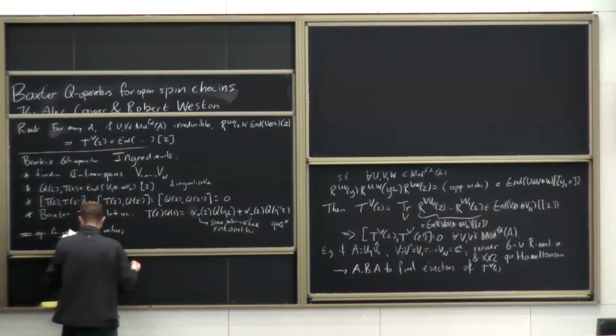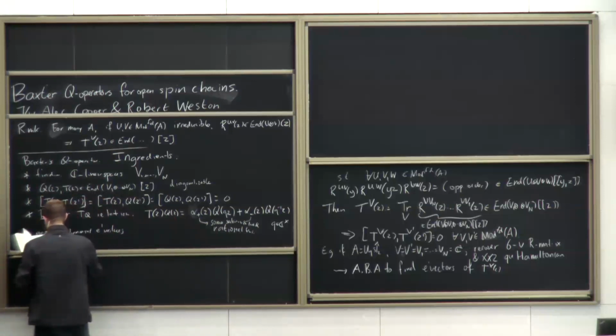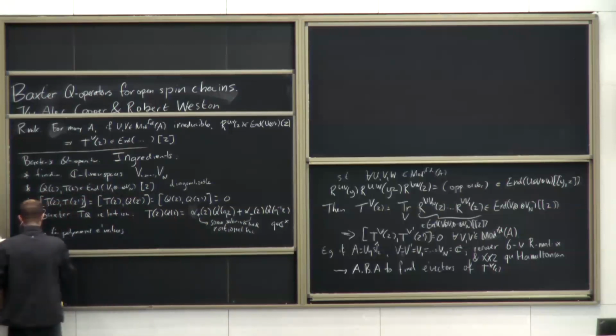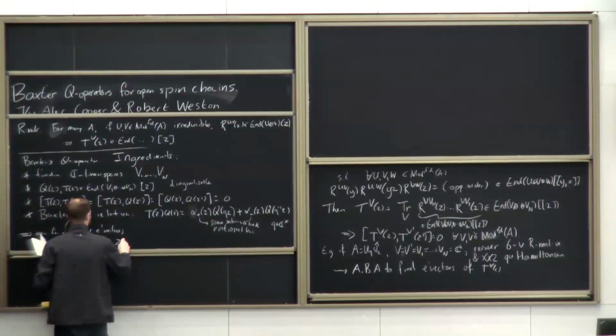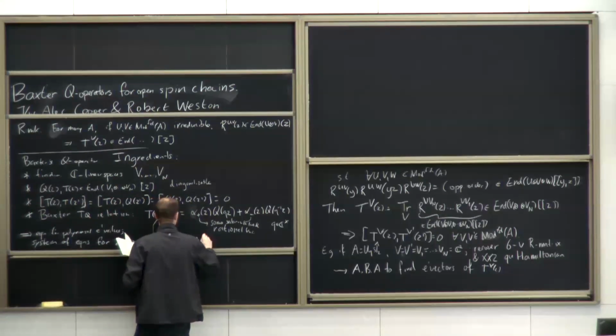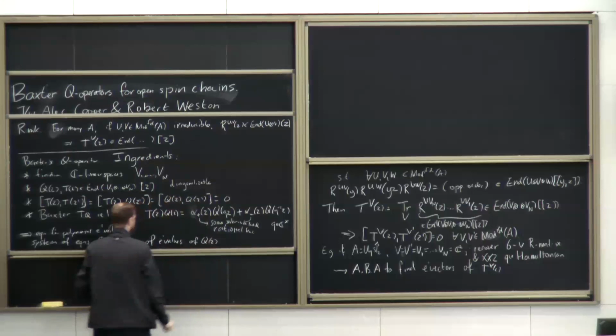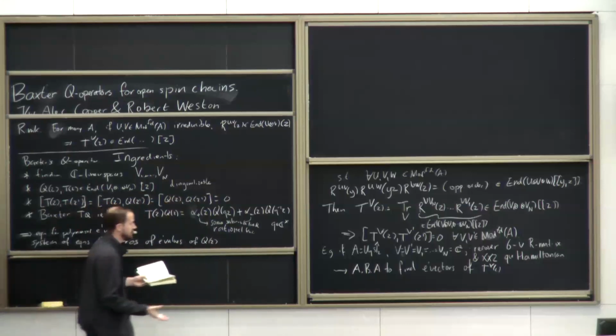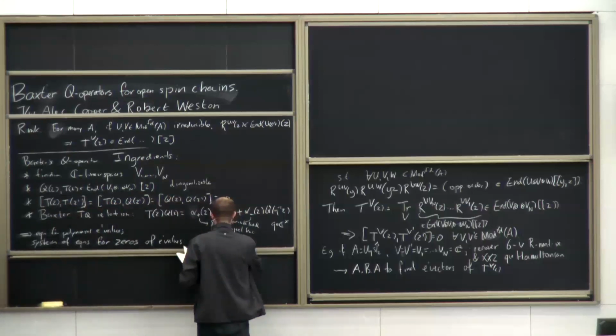There are finitely many of them, and we get a system of equations for the zeros of the eigenvalues. This corresponds to the same equations that you get from the algebraic Bethe ansatz. These are the so-called Bethe ansatz equations, at least for the models where this is applicable.